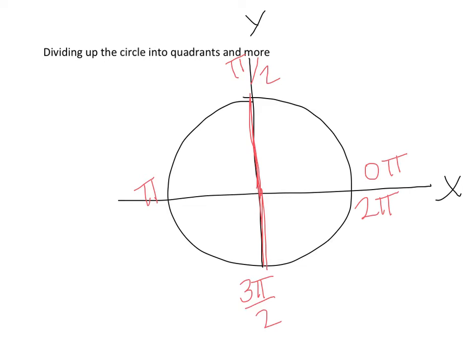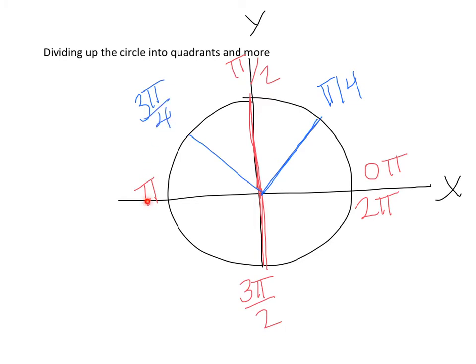So now let's do quarters. Halfway between 0 and half pi, I'm going to have quarter pi, so that's pi over 4. So if you count your fractions, I've got 0 over 4, 1 pi over 4, 2 pi over 4, which reduces. Then I'm going to have 3 pi over 4.